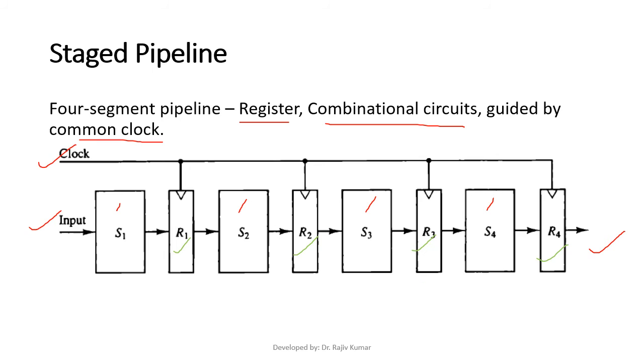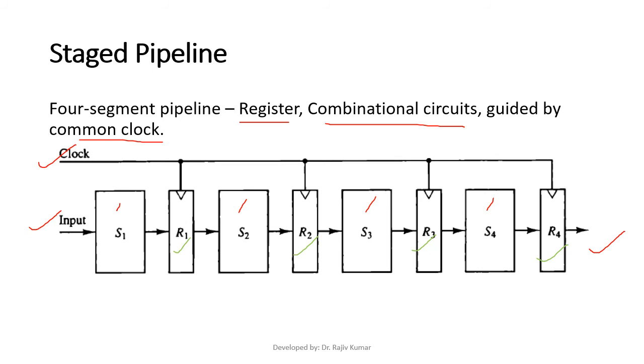Here is the common clock which is attached to all the registers, and all the stages or segments S1, S2, S3, S4 go in order. The combinatorial circuits are shown in the stages S1, S2, S3, S4. They can be any adder logic or any multiplier, etc., to perform the operation.